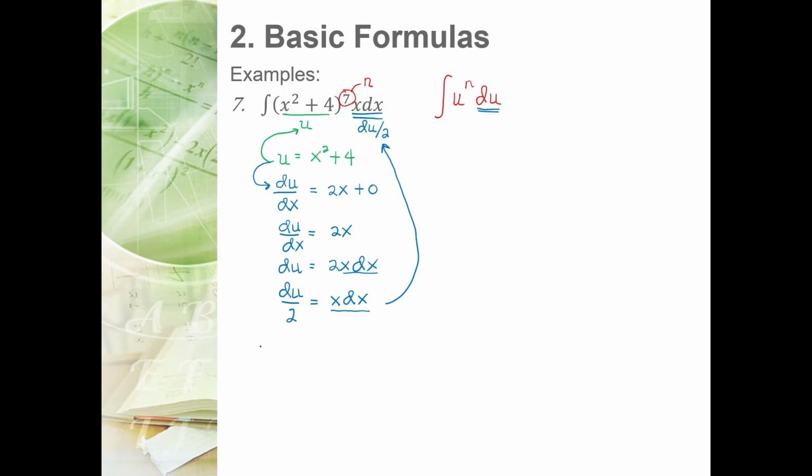By replacing every term in the equation, there's nothing left for us to substitute with the u parameter. So the integral of u to the power of 7, then our x dx is du all over 2.